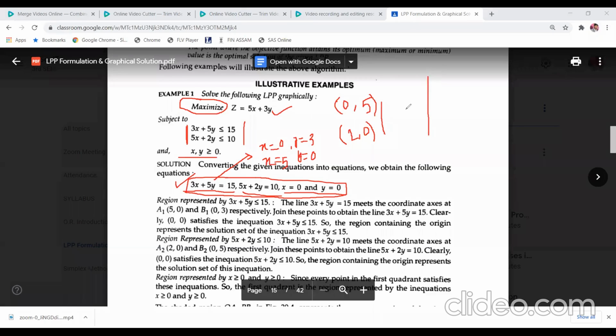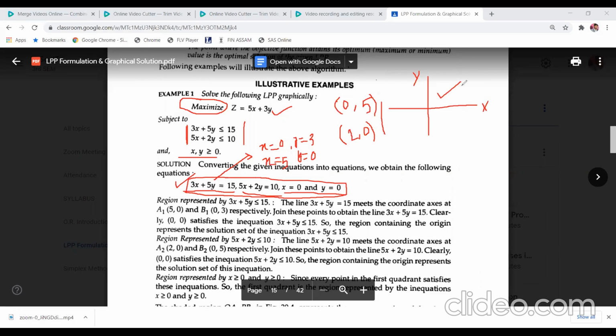Because over the x-axis the y coordinate should be 0, and over the y-axis the x coordinate should be 0. So x equal to 0 means the y-axis, and y equal to 0 means the x-axis. So your solution region will lie here in the first quadrant only.